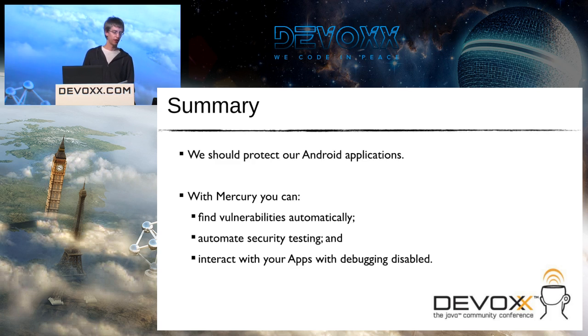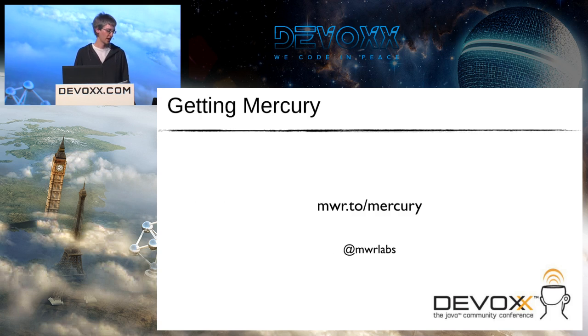Okay, to sum up, we do need to think about protecting our Android applications. Our smartphones are getting more and more powerful, and they're getting more and more data on them. And I'm sure most of you were in the Google keynote this morning when Tim Bray made his plea for people to consider security in their designs. And it's difficult, I'll admit that, but with the correct tools, we can definitely make our life easier.